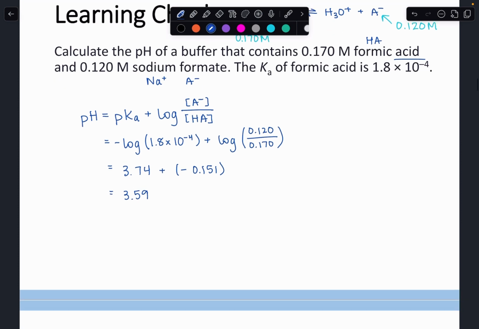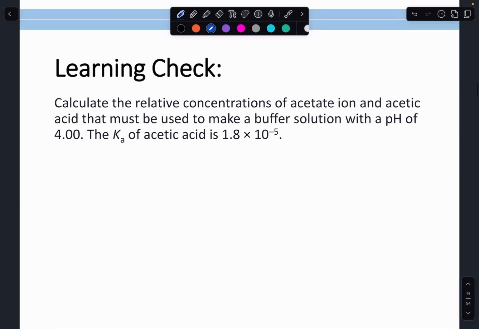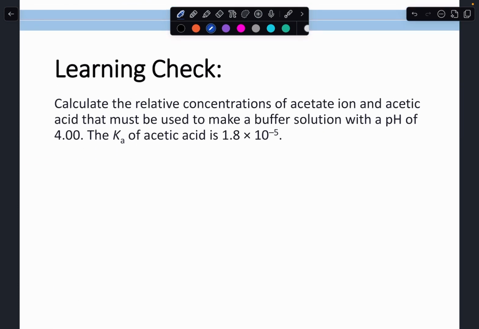All right, let's do another learning check, see how else we can apply the Henderson-Hasselbalch equation. This says calculate the relative concentrations of acetate ion and acetic acid that must be used to make a buffer solution with pH of 4. Then we have the Ka of acetic acid. When they're asking about relative concentrations, this is really asking about a ratio.